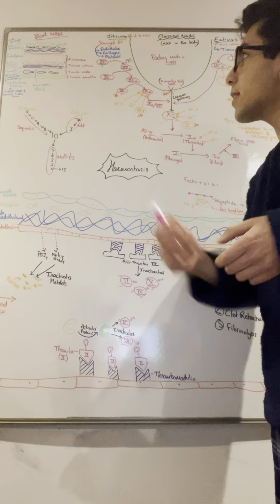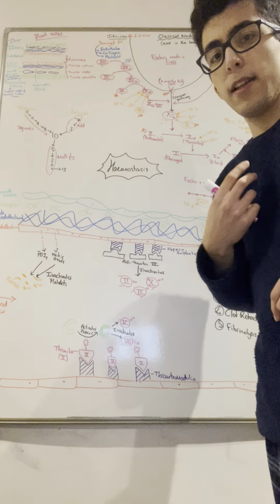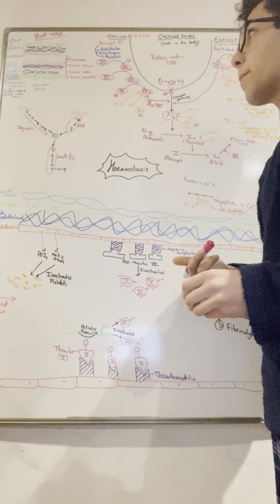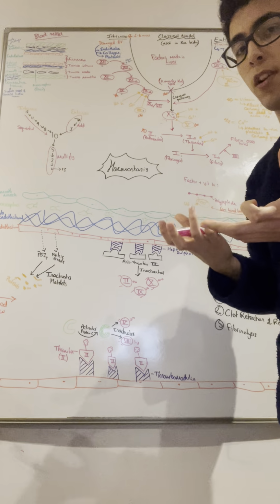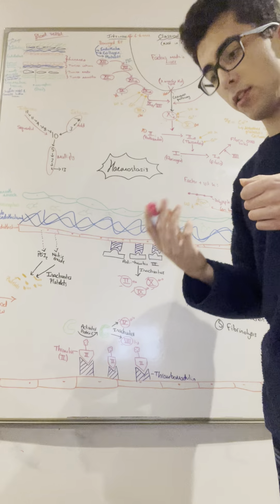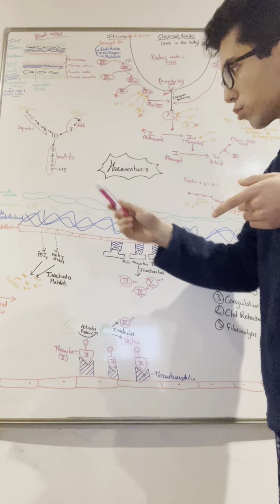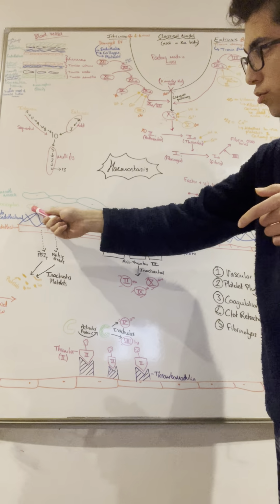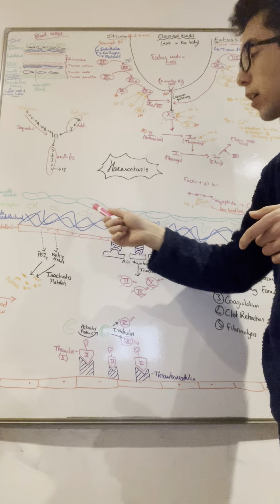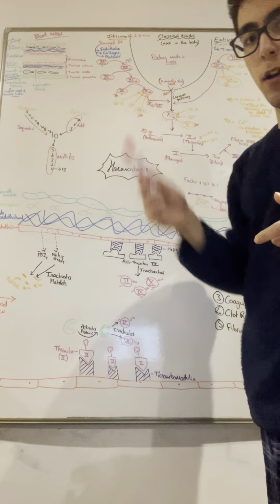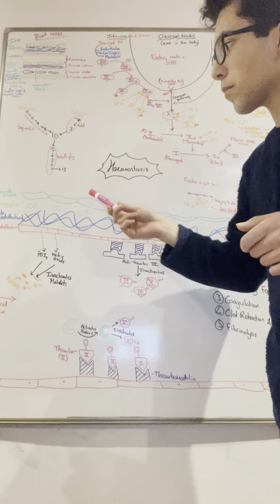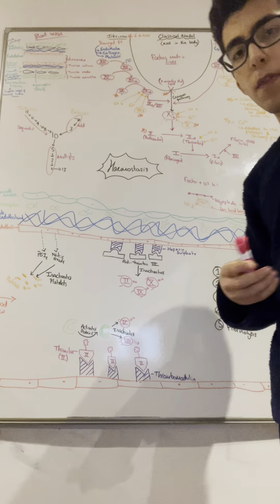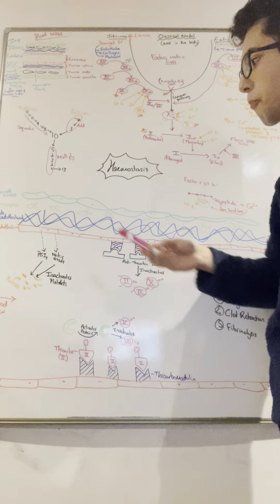Okay, in our tunica media then, it's mainly smooth muscle. Okay. So smooth muscle in this area, and that can contract and relax for vasodilation, vasoconstriction. We've also got, in between the tunica media and the tunica intima, we've got these little green things that I've done here, and the orange up here that you might not be able to see. And those are your nociceptors.